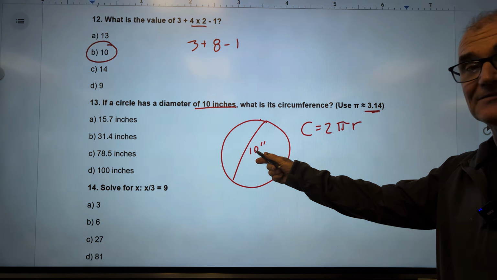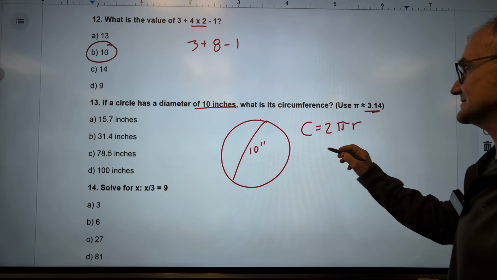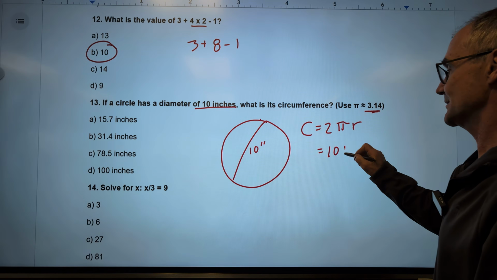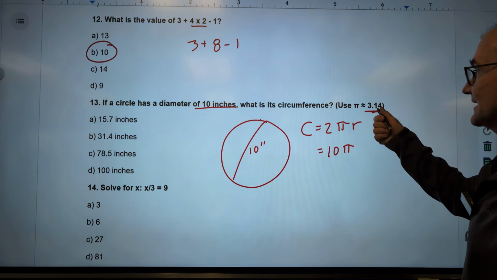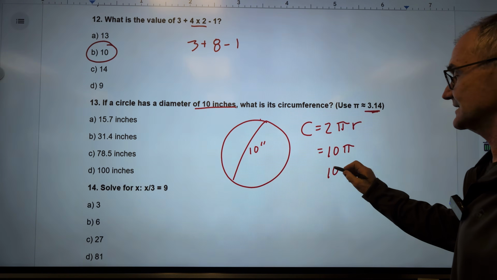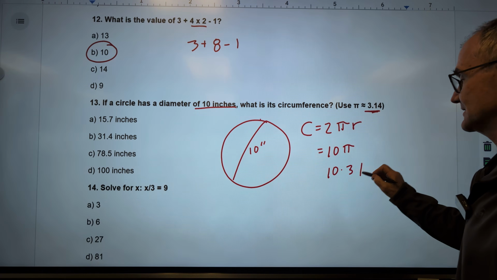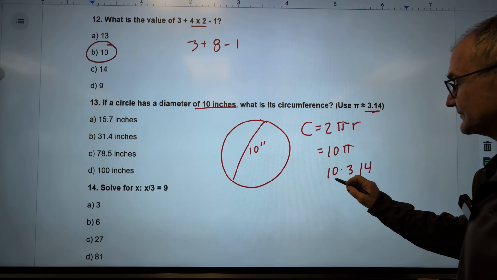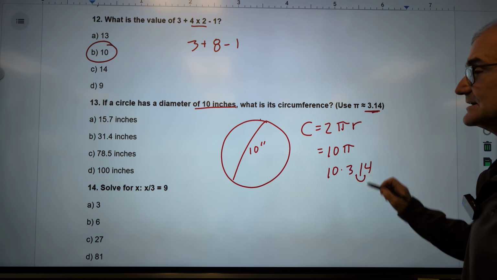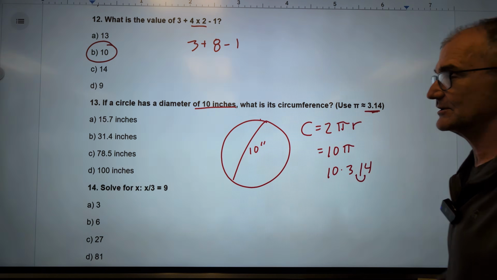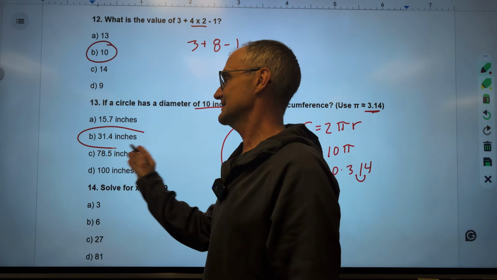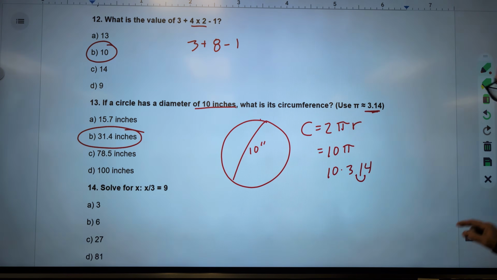Radius is half a diameter. So 2 radius is equal to 10 times pi. Pi is 3.14, so 10 times 3.14. 10 just moves that over one place to give me 31.4. Correct answer, answer B right there.